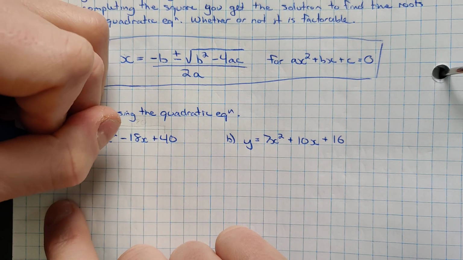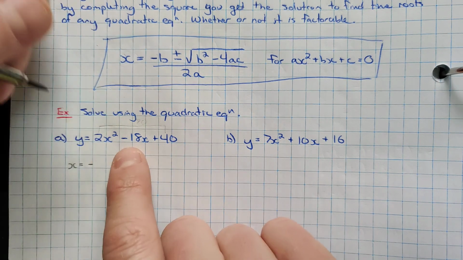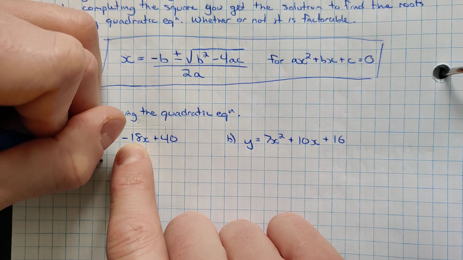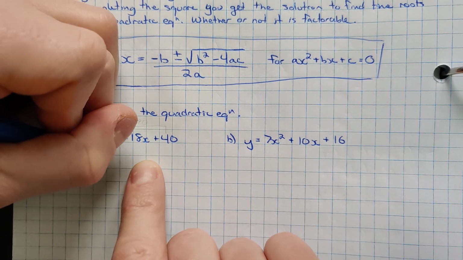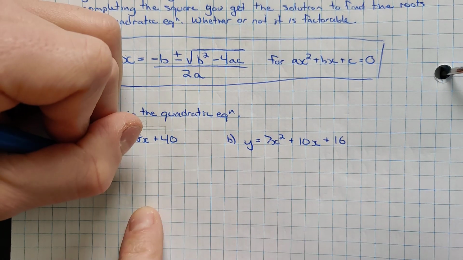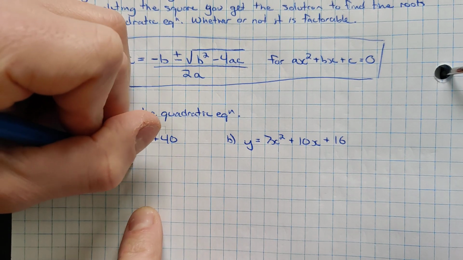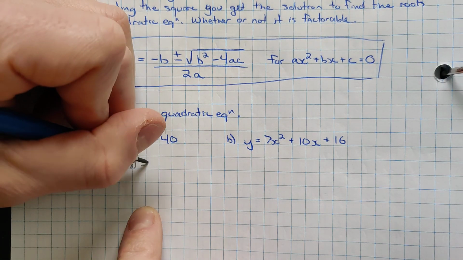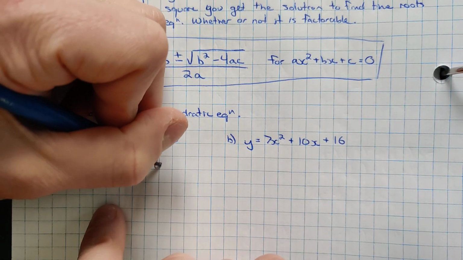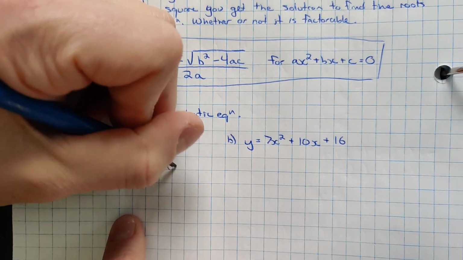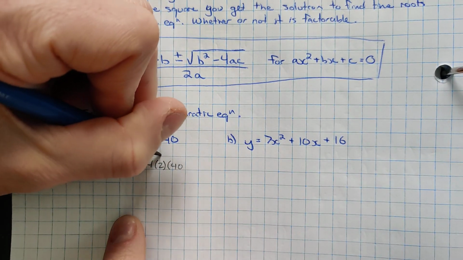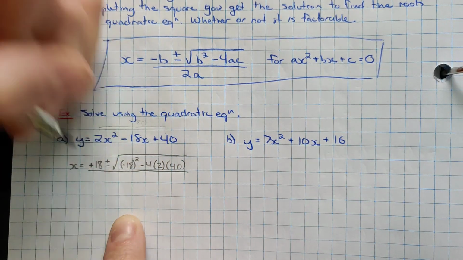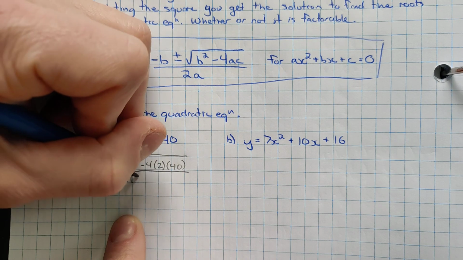Okay. Even if we can factor, the quadratic equation will work. X equals negative b. B is negative 18. The negative of negative 18 is positive 18, plus or minus the square root of b, which is negative 18 squared, minus 4 times a, which is 2, times c, which is 40, divided by 2 times a.